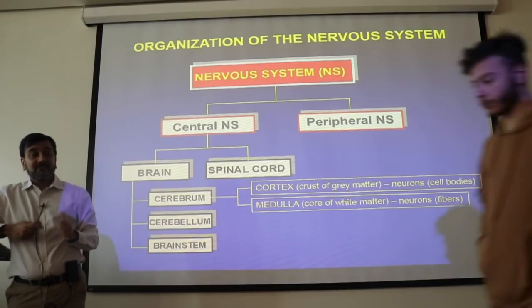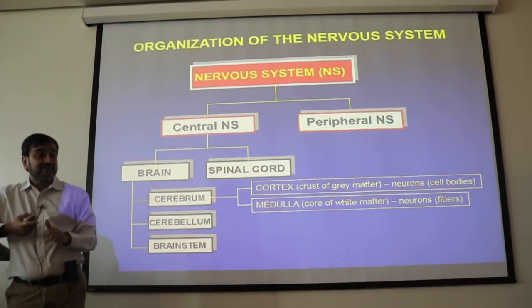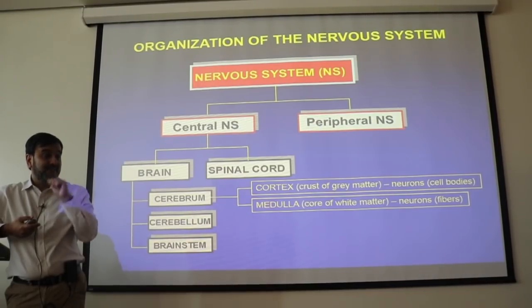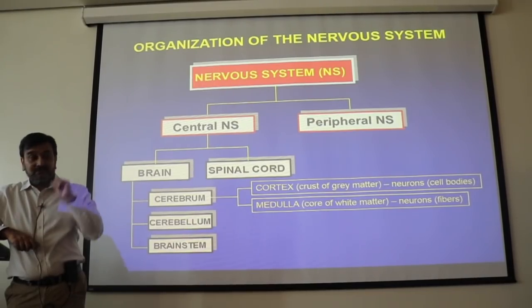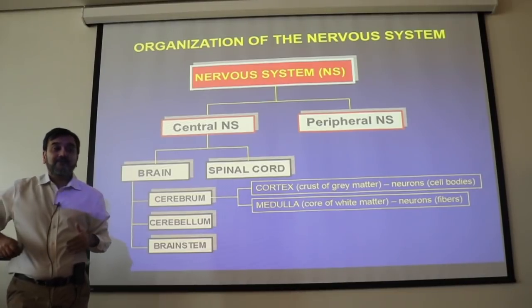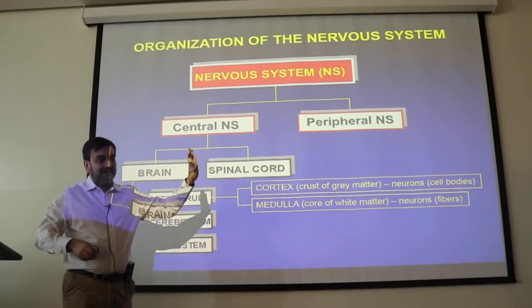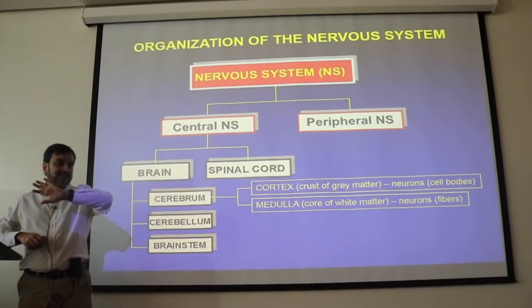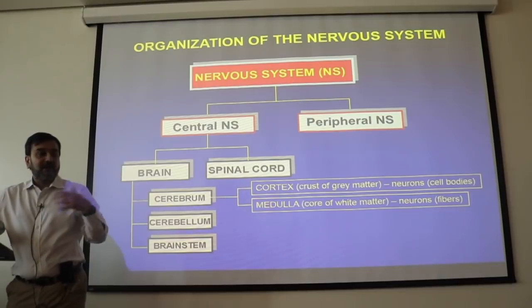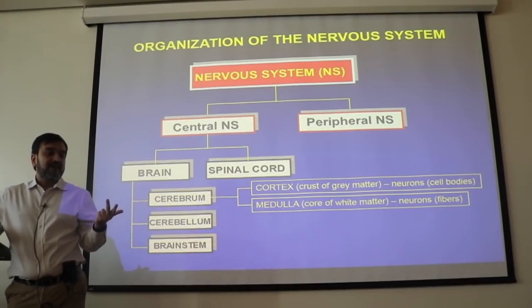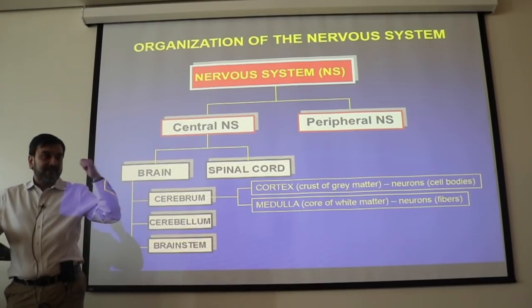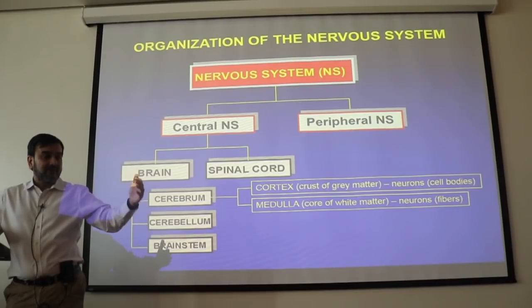Then you have special senses like hearing, balance, smell, taste, vision. So sensory sensations can be classified as general and special, while you have motor activity, and then you have higher mental functions like memory, language, cognition.